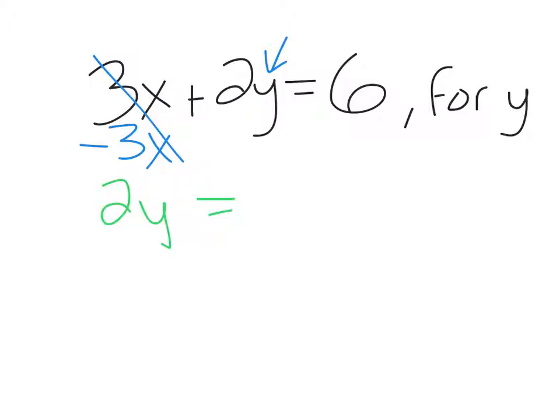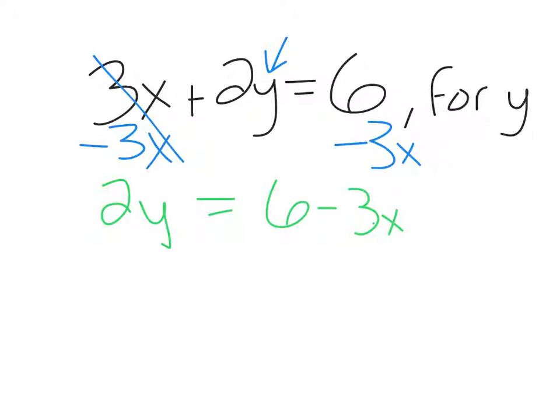But remember, whatever I do on one side, I've got to do the other. 6 and 3x cannot be combined, so I can't do anything with those, so that leaves me with either 6 minus 3x, or if you wrote that as negative 3x plus 6, that would be totally fine as well. Some people put the variable first, and that is equivalent, doesn't matter.